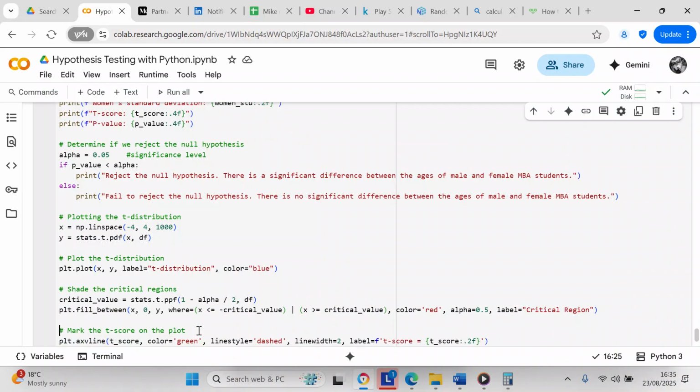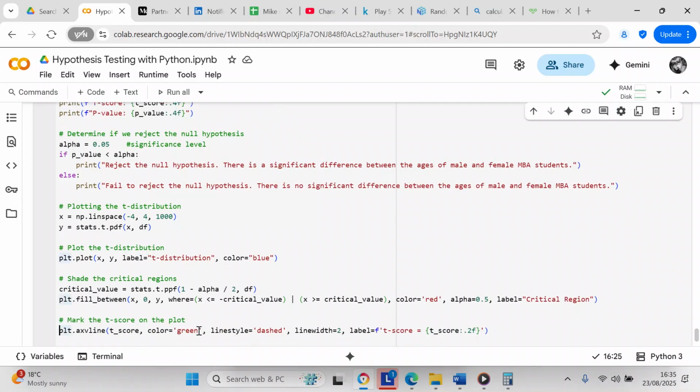Then plt.fill_between of x, 0, y, where x is less than or equal to negative critical value, or x is greater than or equal to critical value, color equals red, alpha equals 0.5, label equals critical region.